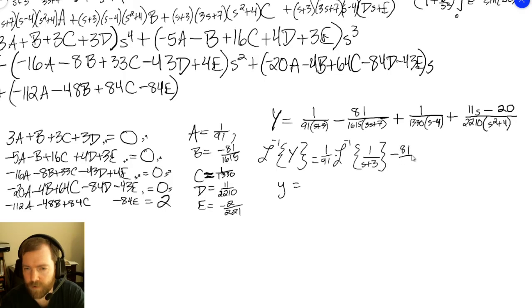Minus 81 over 1615. And actually, technically we should also take the 3 here. So this is going to be, factor out a 3 with the 1615, divide out from 81 is going to be 27 over 1615 times the inverse Laplace of 1 over s plus 7/3.